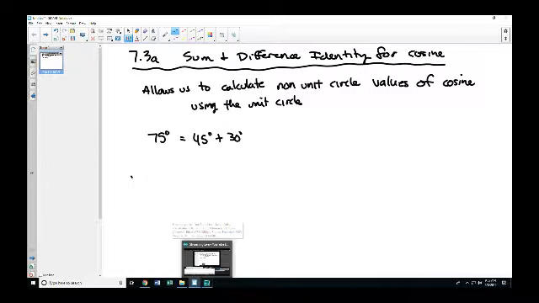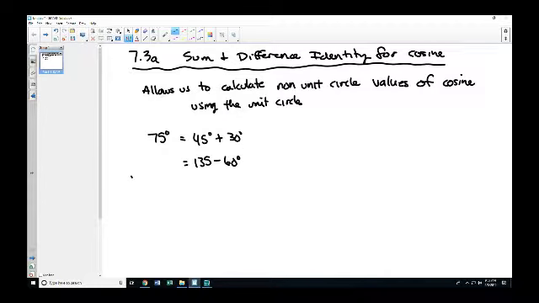So we're going to split a non-unit circle angle into two unit circle angles and use those to solve for this value. And 135 and 90? 135 is also 135 minus 60. Yes, either of those would work, but I'm going to show you how to use them. The first step is to figure those kinds of things out.